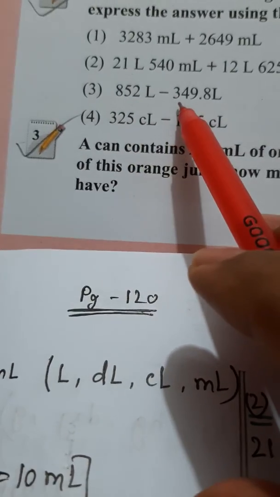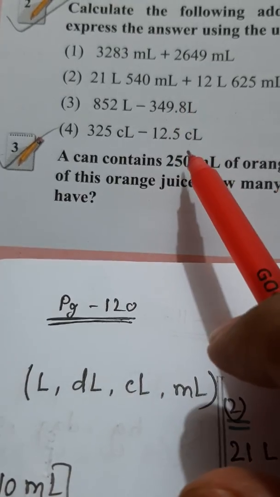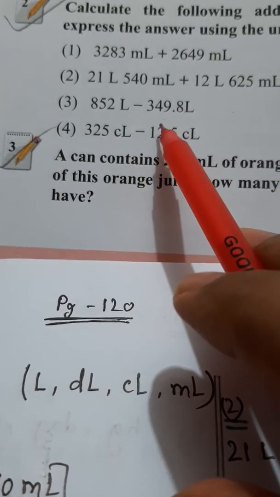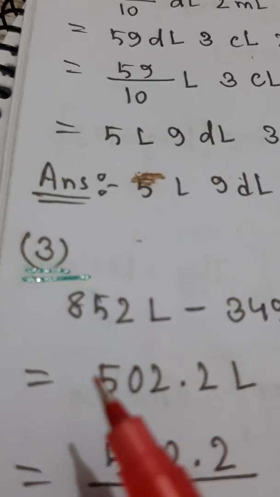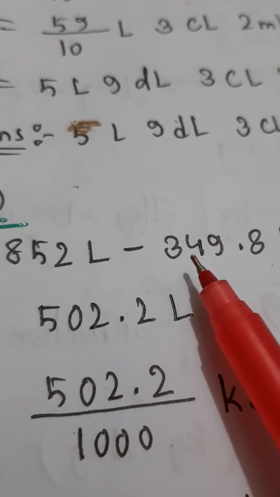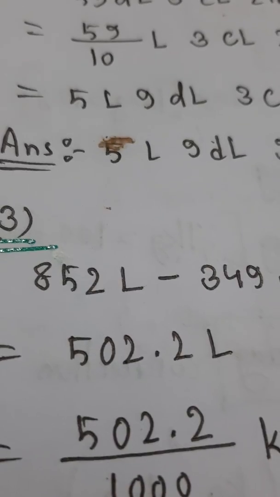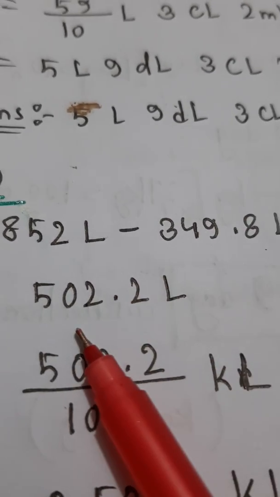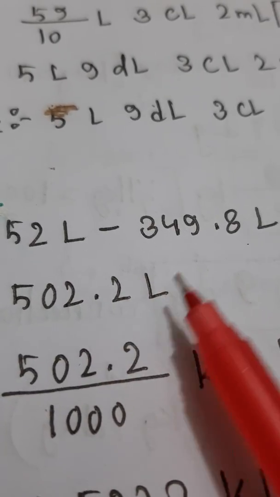Question 3: 852 liter minus 349.8 liters. All units are liters, but here there is a decimal. So at first we subtract 349.8 from 852, we get 502.2 liter.